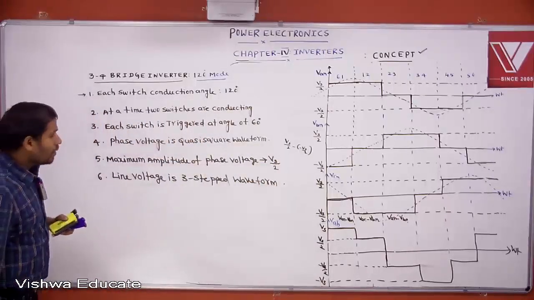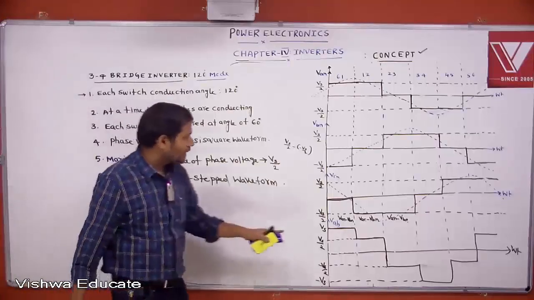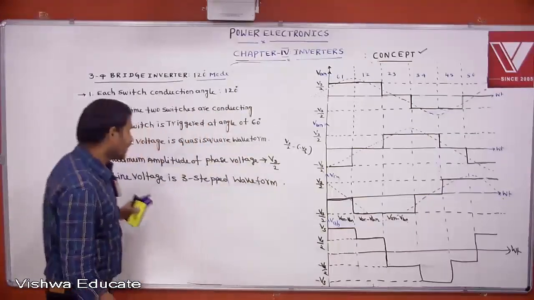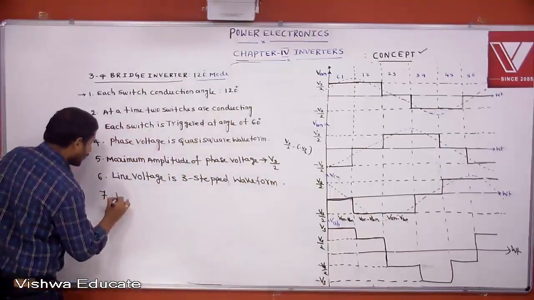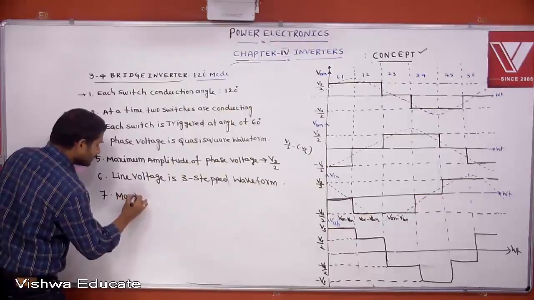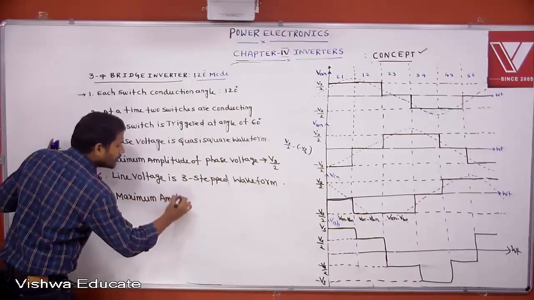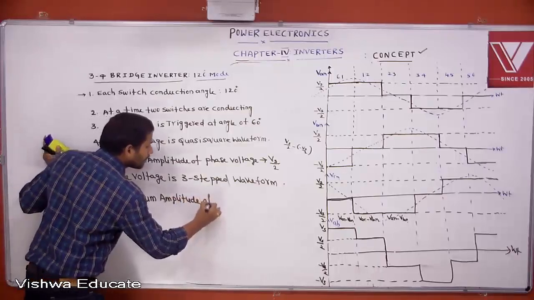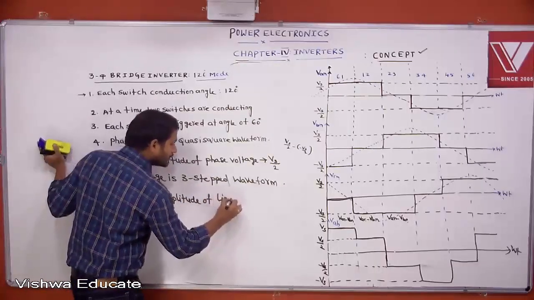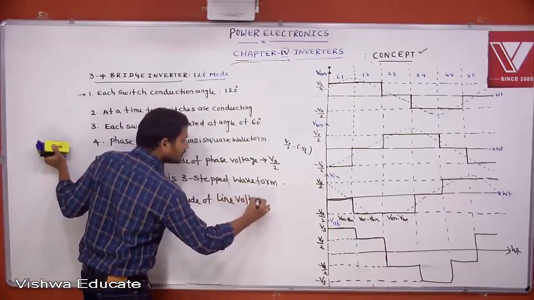What is the maximum amplitude of the line voltage? Vs. The maximum amplitude of the line voltage is Vs.